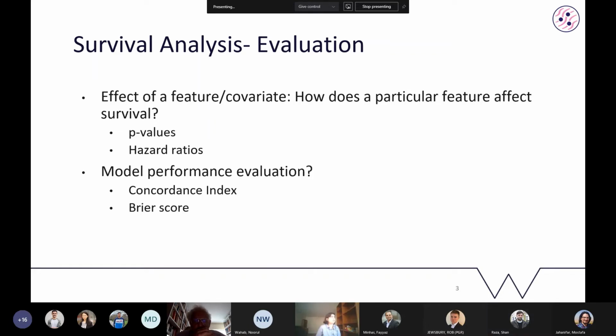And if we want to evaluate the performance of our survival model, that is, how good is our model at predicting survival, then we may use concordance indices, Brier scores, and several other evaluation metrics. Please note that this list is by no means exhaustive. There are tens of other measures for both of these types of evaluation in the literature, but in the interest of time, we have chosen only the most frequently used ones for this presentation.